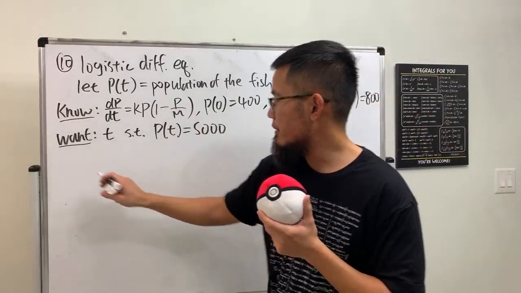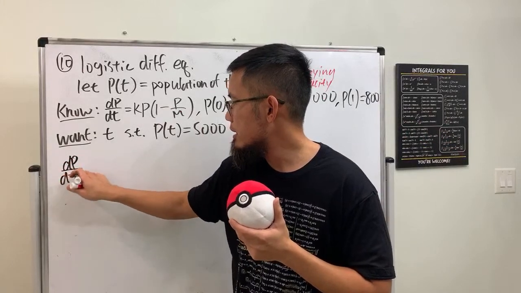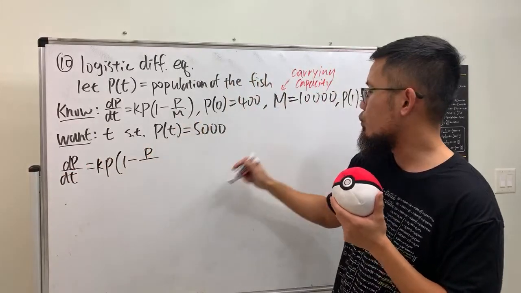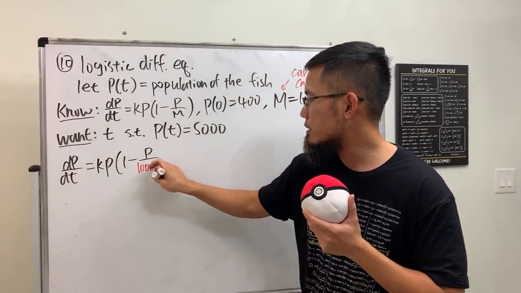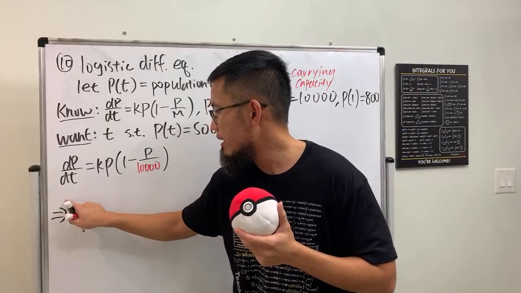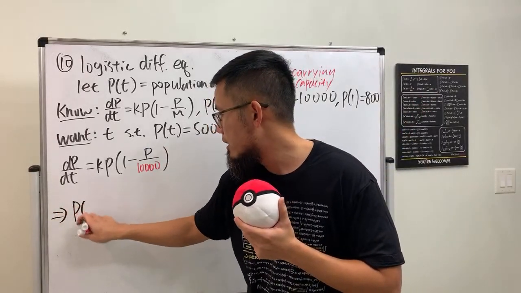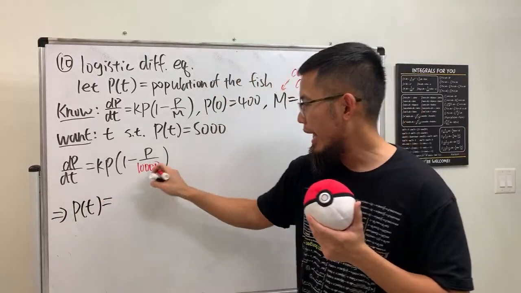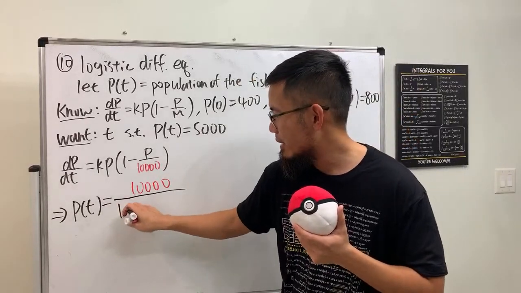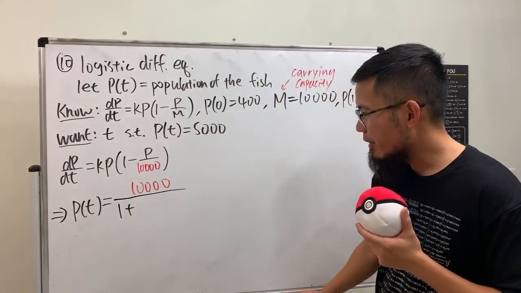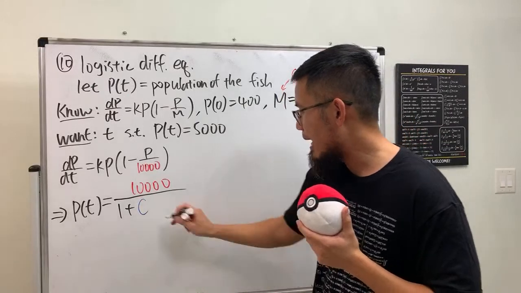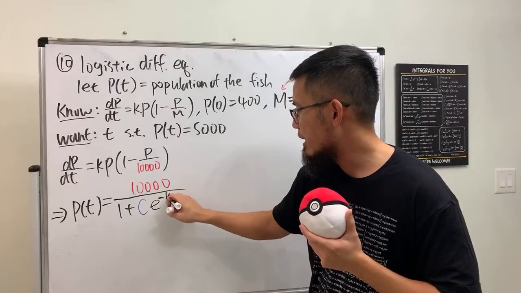So here is the deal. When you have dP/dt equals kP times 1 minus P over M, which is 10,000, from here I will tell you that P of t is nicely equal to M, which is the 10,000, on top, over 1 plus c, where we have to figure out what the c is, times e to the negative kt.